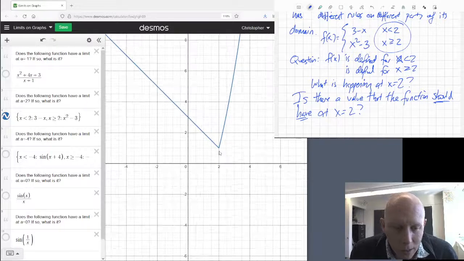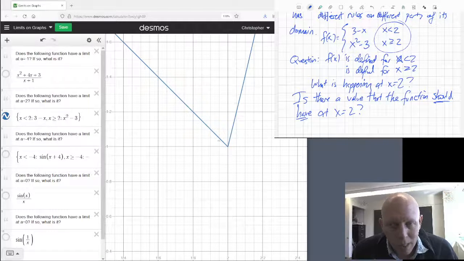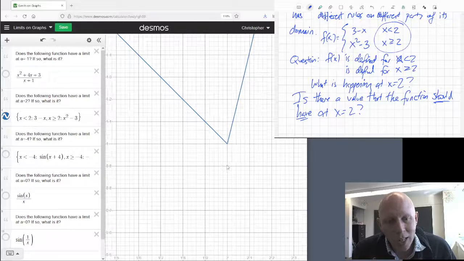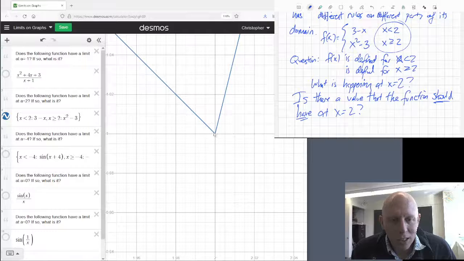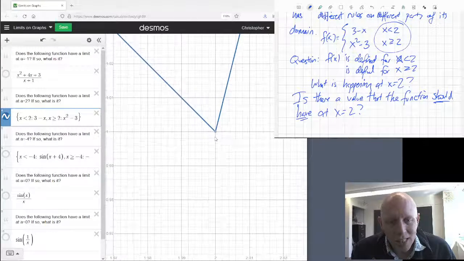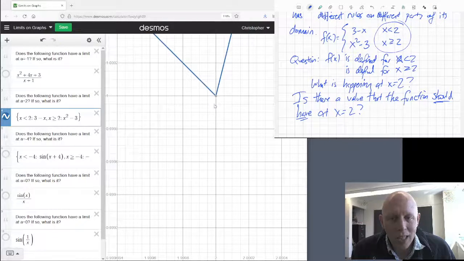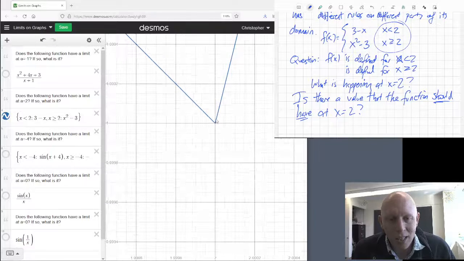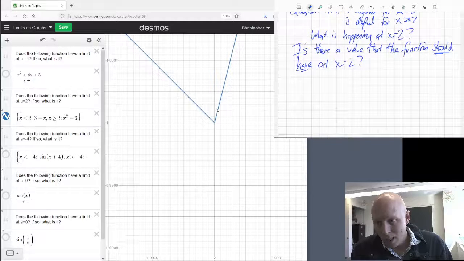If we zoom in here, even though this function is coming down with a negative slope, and this function is going up with a positive slope, it sure looks like the value of this function is the same from both sides. No matter how close we get from both sides, it makes sense what the function is from the left and from the right.